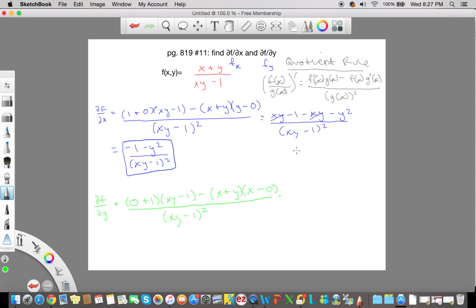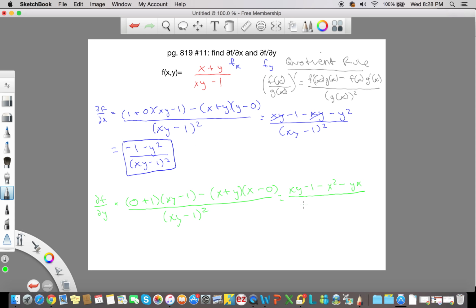Okay, so we're going to simplify this just like before. This is 1 times xy minus 1, so we're just going to have xy minus 1. And now we have x plus y times x, and that's all going to be negative. So it's going to be minus x squared, and then minus y times x.